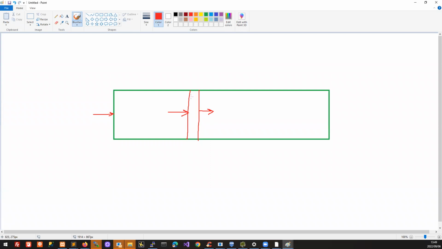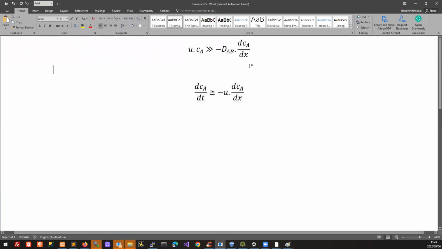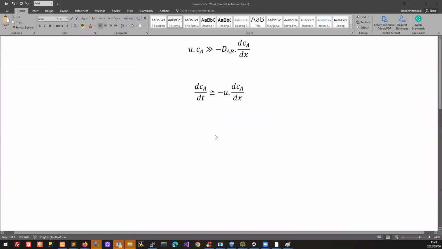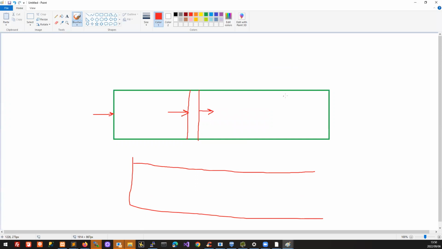And so if, for example, there's no other change going on in the system, then I could say simply that eventually my process is going to reach the same concentration as I have coming into that space. So these are the kinds of simplifications that we can start applying if we start looking at the relative amounts among these factors. So number one, if velocity is much faster than diffusion, then we can say the bulk of the change that's happening in concentration is going to be just due to flow.